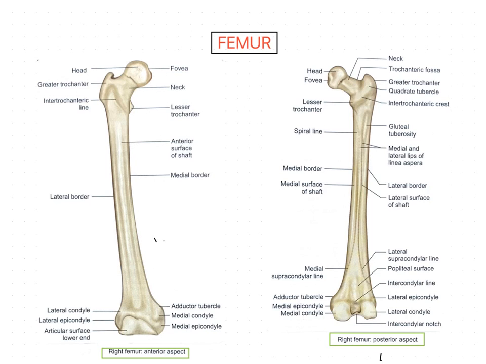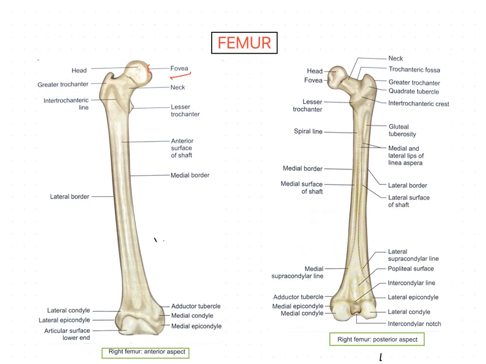Also, over the head of the femur, on the medial aspect, almost appearing superiorly, there is a pit-like projection called the fovea.